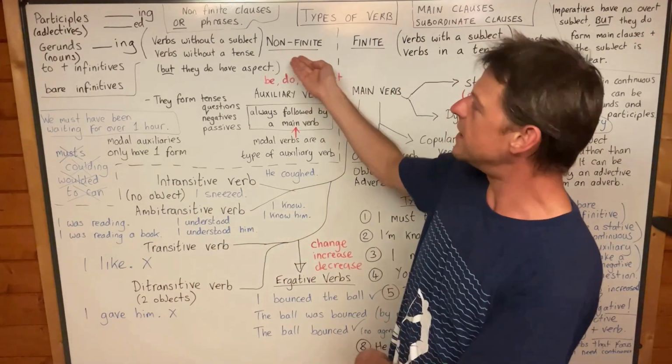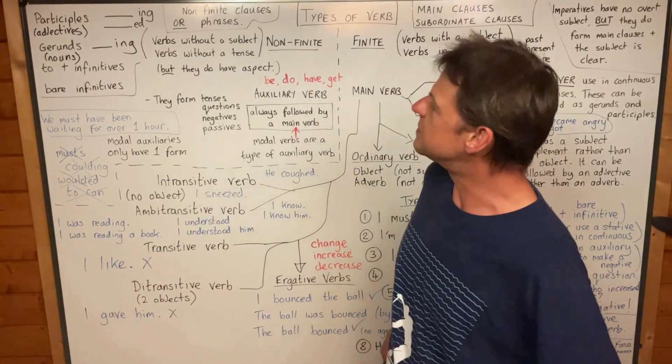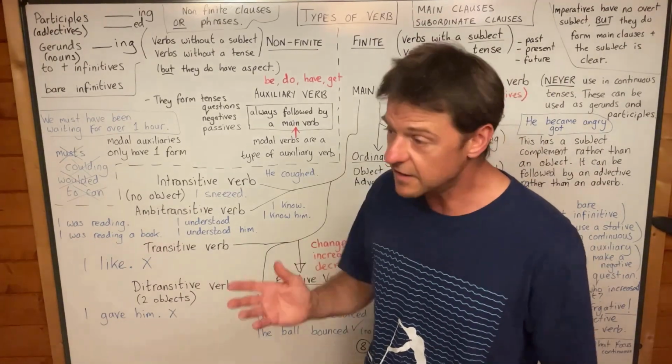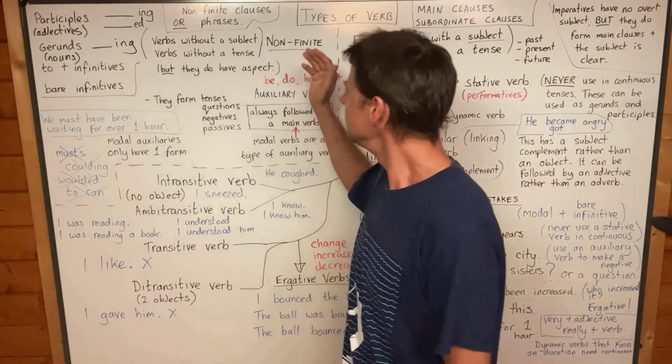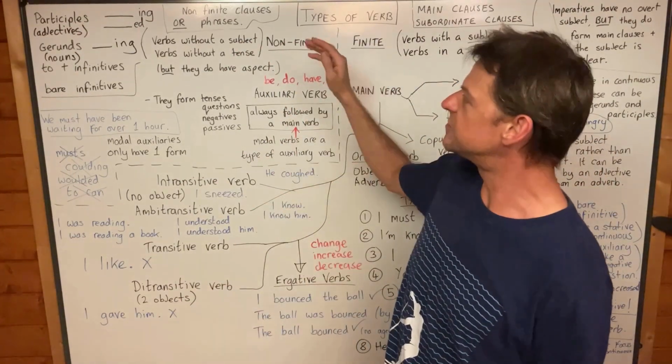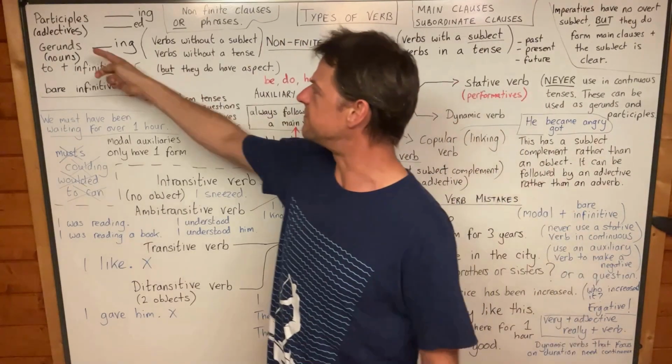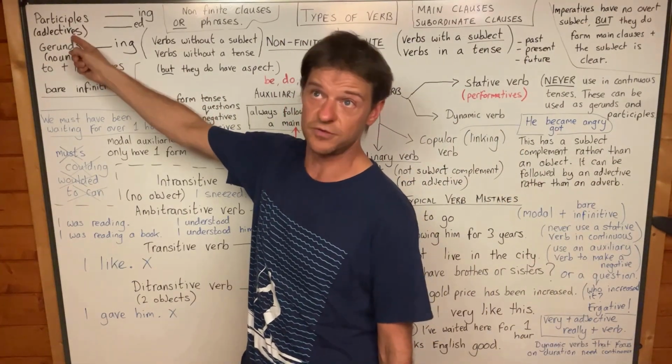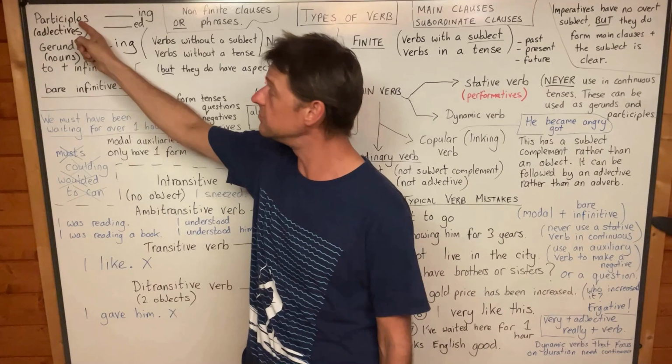And these non-finite verbs, well, you might even consider them not verbs. And that's because non-finite verbs don't have a subject. And that means that sometimes they're functioning as adjectives, and we call those non-finite verbs participles.